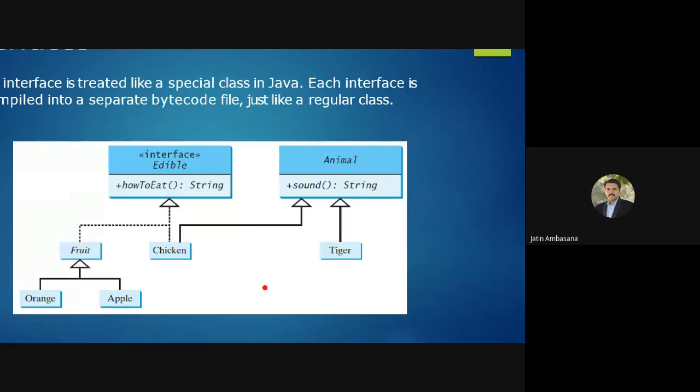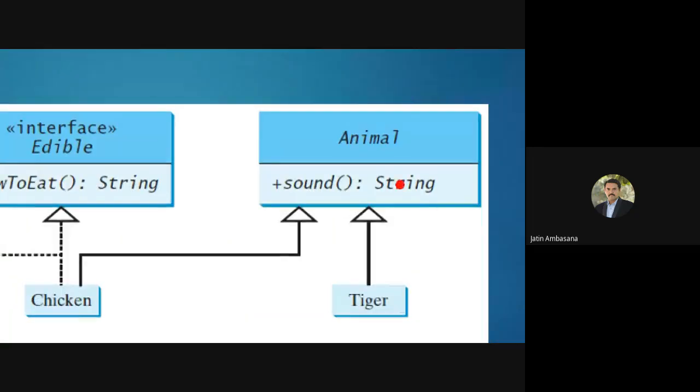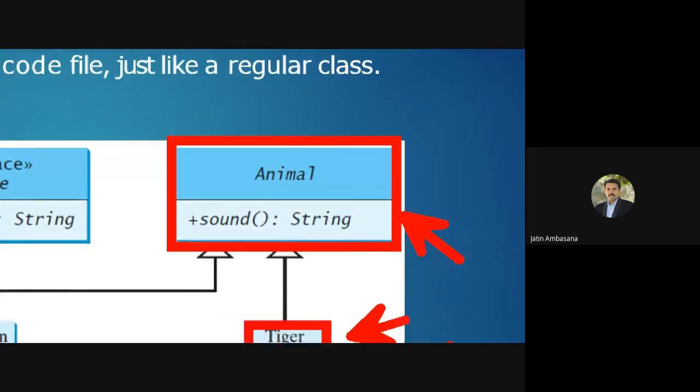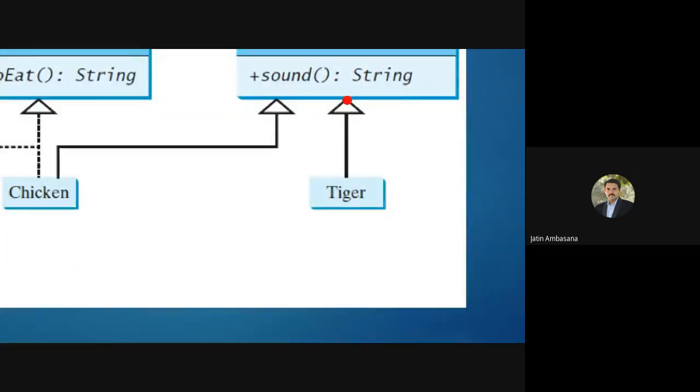And see, this is the notation, okay? This is the notation for how to implement an interface. When we are extending a class, this animal is a class, tiger is a class. So when a subclass is extending another superclass, the notation we give is a hollow triangle with a dark line.